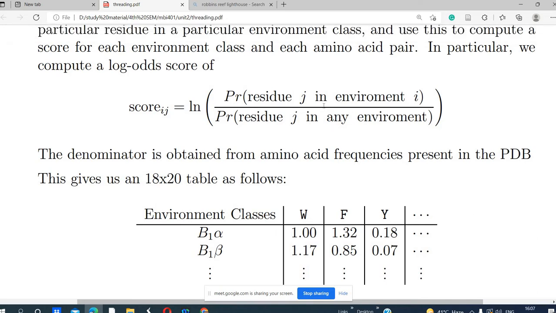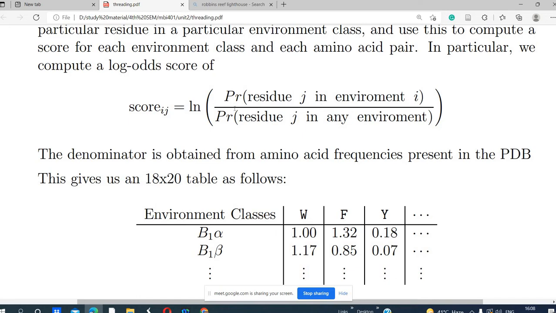So we will divide these. How are we going to calculate? Like arginine is present here. What is the propensity of arginine in a polar environment? What is the propensity in the non-polar environment?